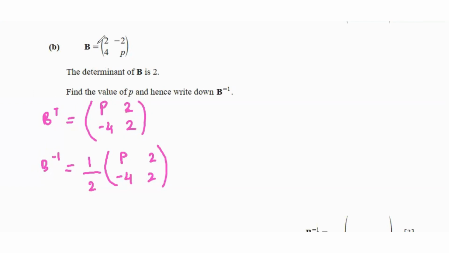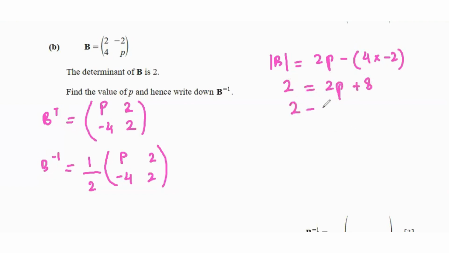To find the value of P, we will use the determinant. The determinant equals 2P minus 4 times negative 2. That's 2 equals 2P plus 8. 2 minus 8 equals 2P.